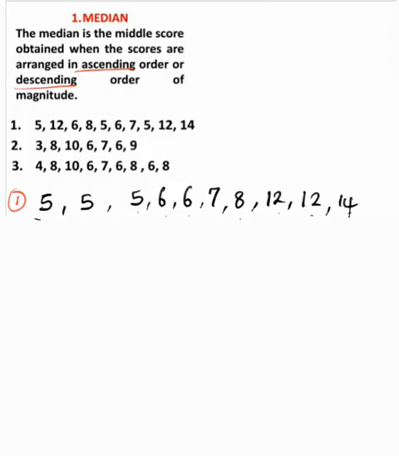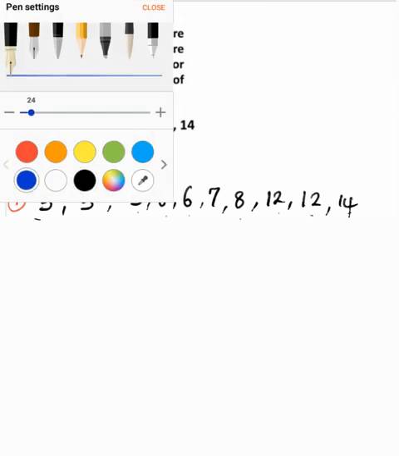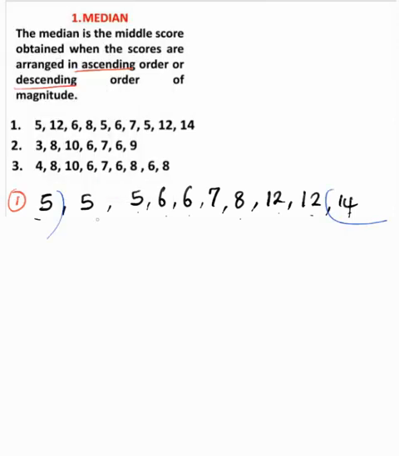So in this case, we eliminate from the beginning and the end one by one. Let's see what we're going to have at the middle. All right, we notice that 2 different scores appear at the middle. In this case, we are to take the arithmetic mean of these 2 different scores, and that is, we add 6 plus 7 and divide it by 2.